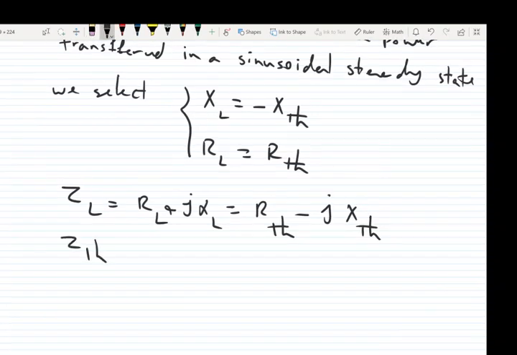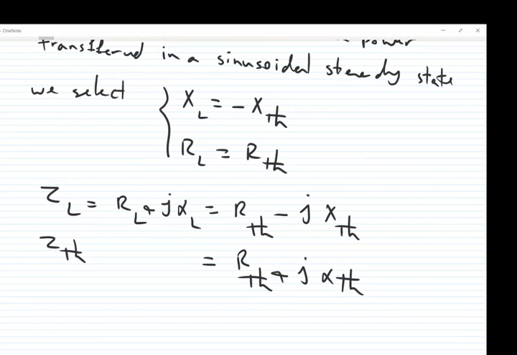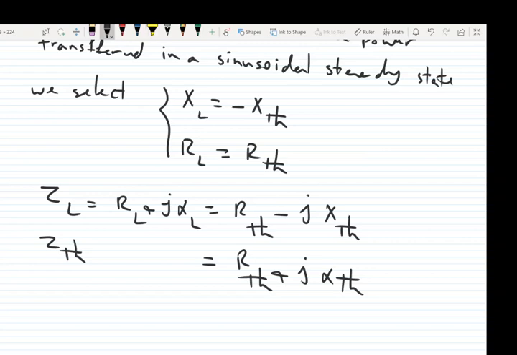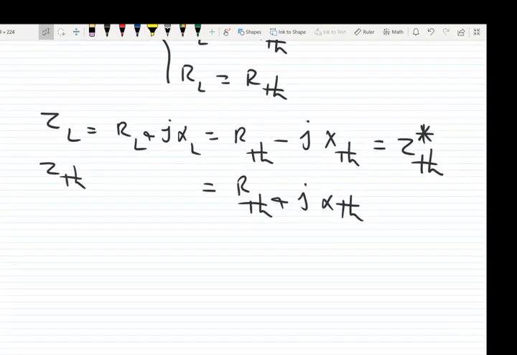Z Thevenin, of course, is equal to R Thevenin plus jX Thevenin. If we compare these two, we see that the real parts are the same and the imaginary parts have a different sign. So ZL is equal to Z Thevenin asterisk. We call it a conjugate match. ZL should be the conjugate of Z Thevenin in order to have the maximum power.